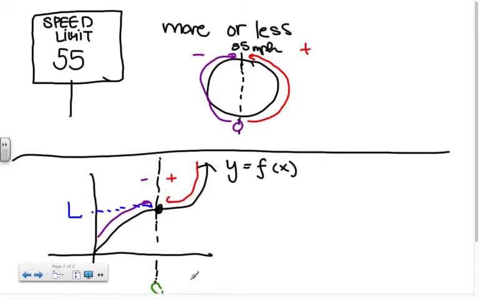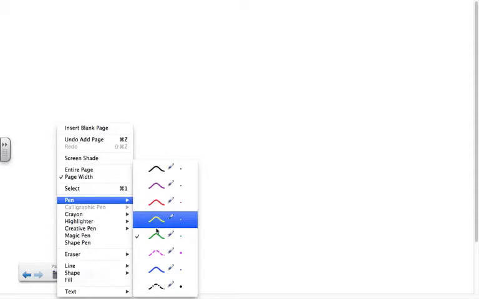Now, you need a big, fancy, formal definition, because what's life without a formal definition to work with? So, let's give you the informal definition of a limit. Write this down.